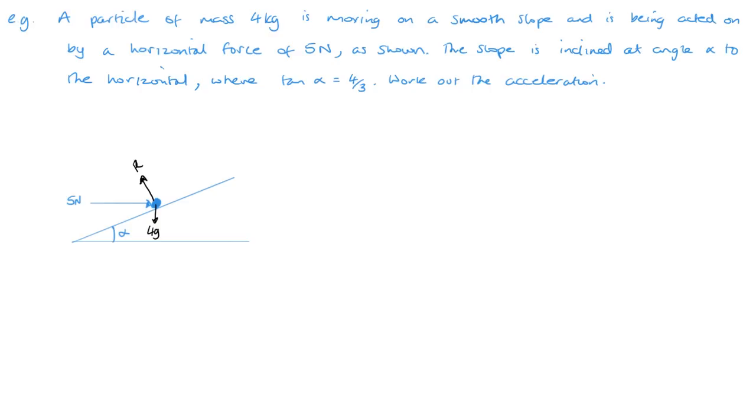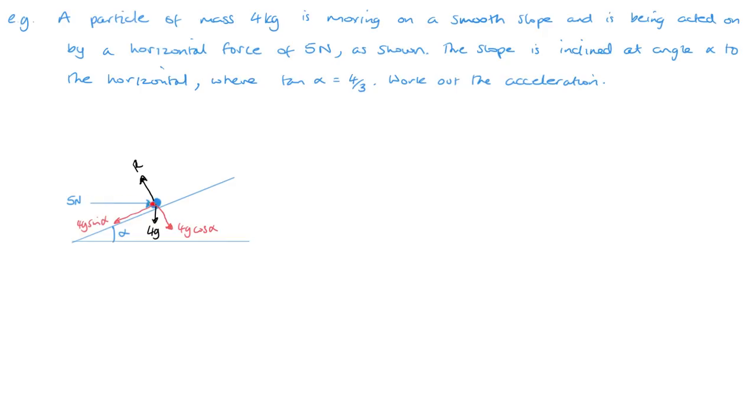So for the 4g, that's going to act down this way and this way. Okay, so this is 90 minus alpha, so this is alpha. So this will be 4g cos alpha and 4g sine alpha.